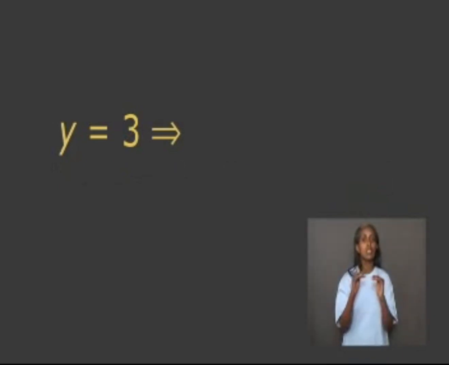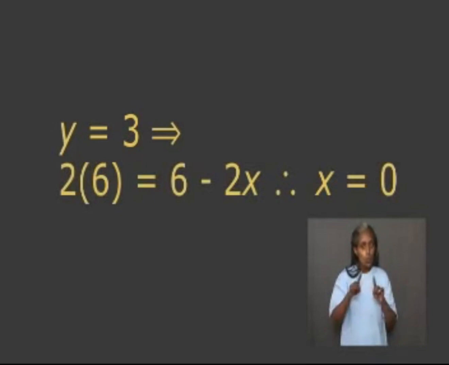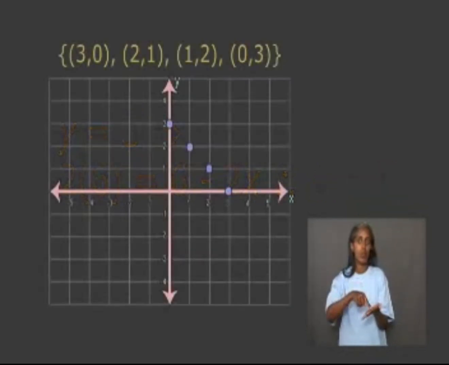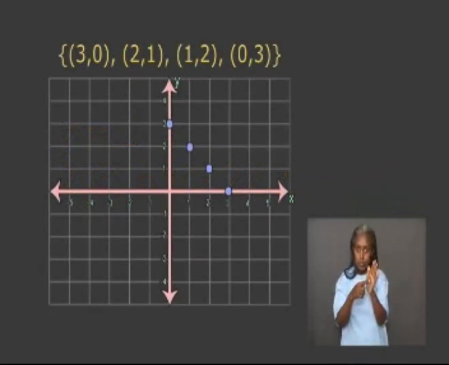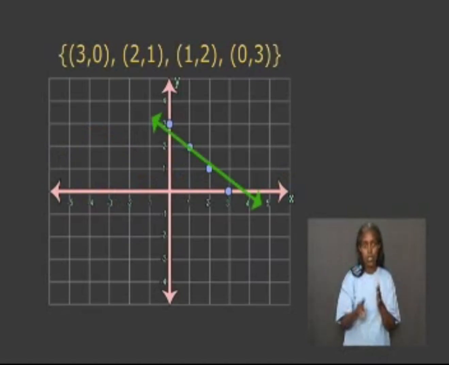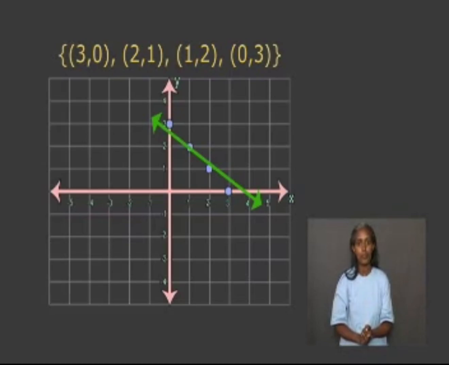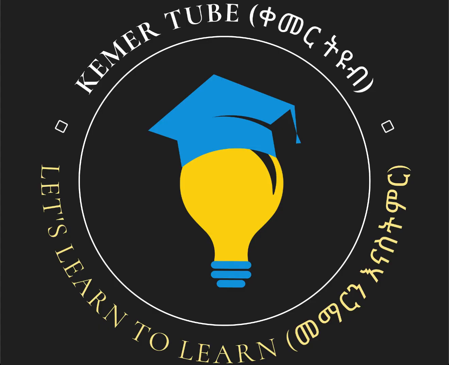When y equals 3, the value of x is 0. When you plot these points, your graph should show a straight line from the point 0 and 3 down to 3 and 0. Did your graph look like this one? Well done.